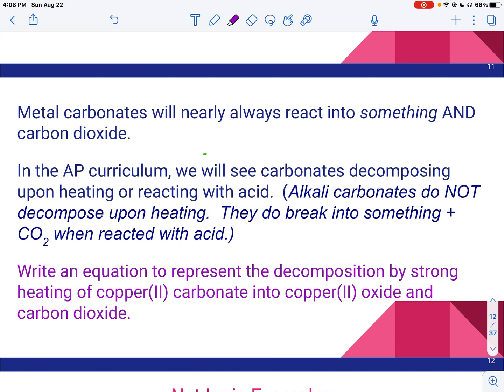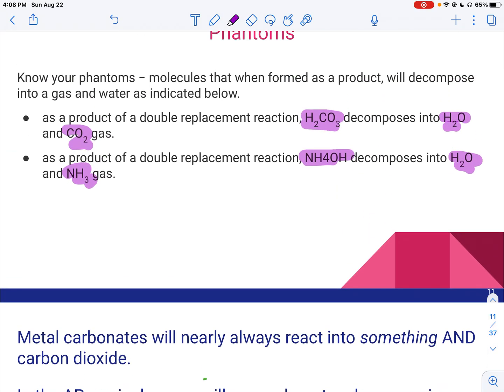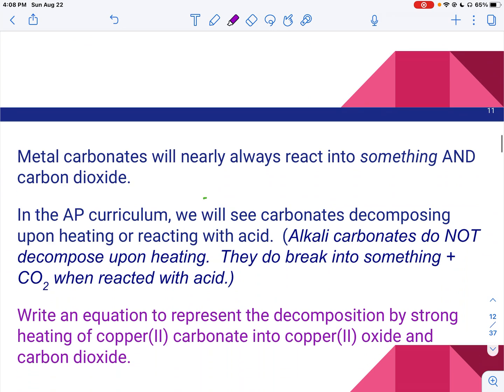Okay? So the three phantoms you need to remember are carbonic acid, NH4OH, and any metal carbonate. Okay? So keep those three in mind as we're doing them.